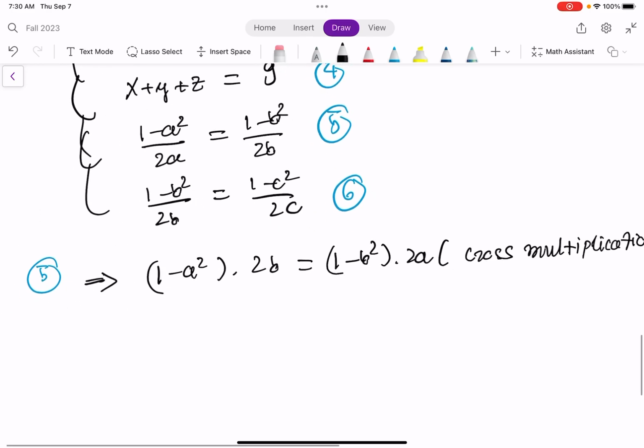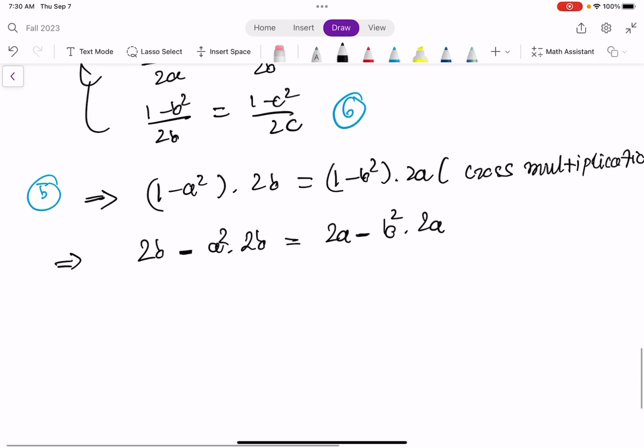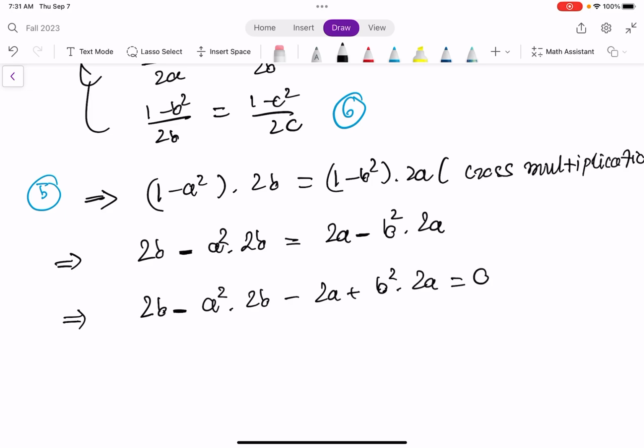Okay, so let's expand it out a bit. So you get 2b minus a squared times 2b equals 2a minus b squared times 2a. Let's put everything from the right to the left by recalling the fact that if a equals b, then a minus b equals 0. So 2b minus a squared times 2b minus 2a plus b squared times 2a equals 0.